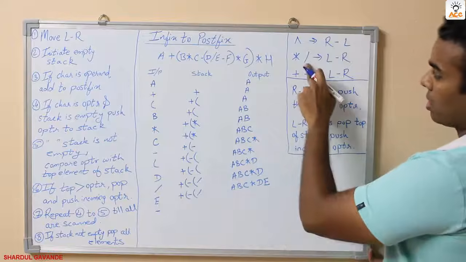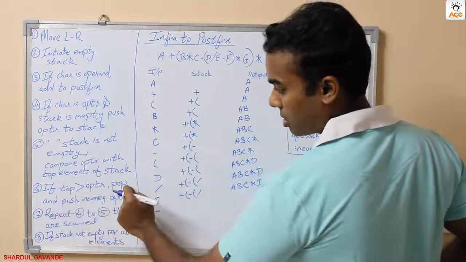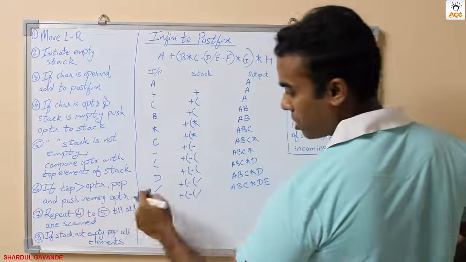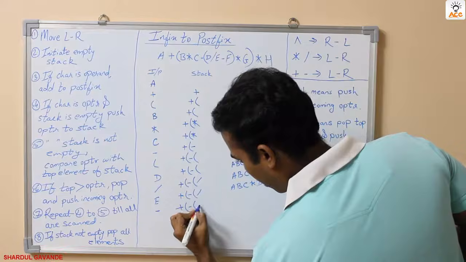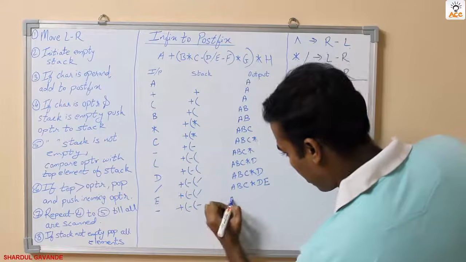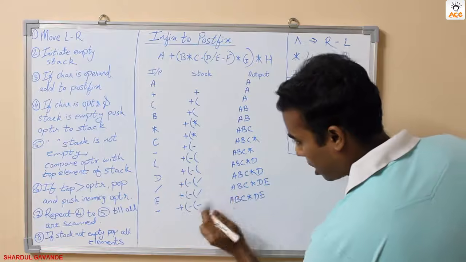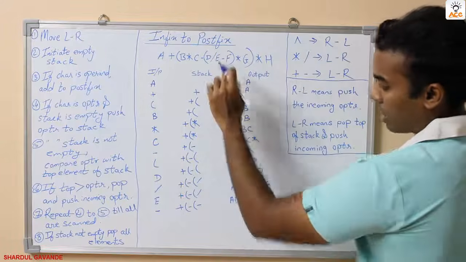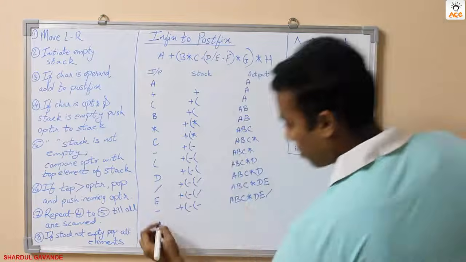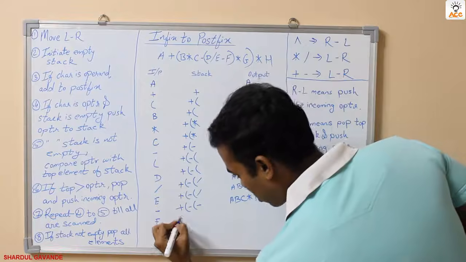So top is greater than minus. So if it is greater than the incoming operator, simply pop this and push the incoming operator. Plus, minus and minus over here. I will have here A, B, C, star, D, E, and this I will pop, slash over here. Next what I have after minus, F. So it is an operand, so no changes over here.